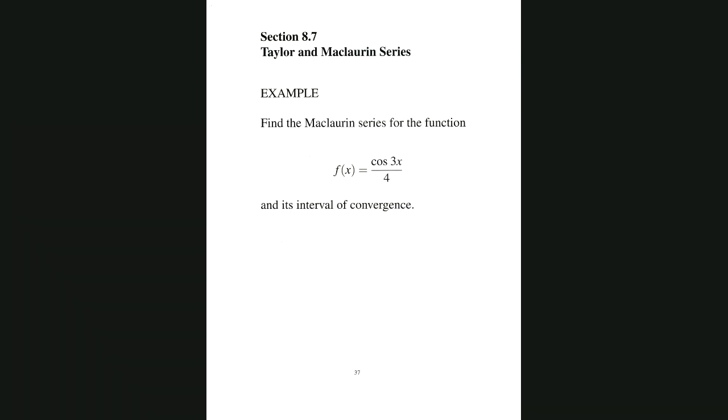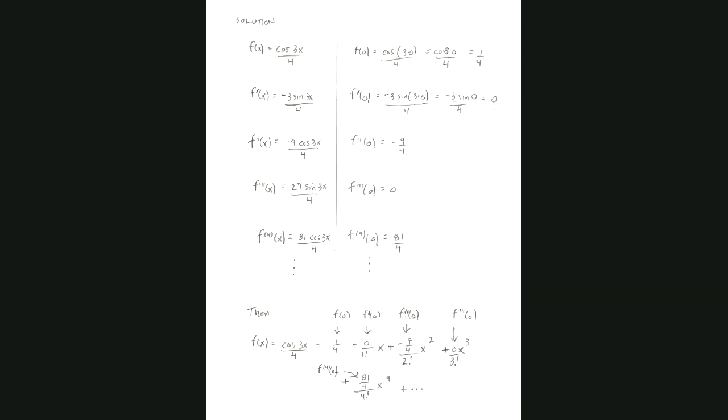Okay, so that's what we're going to do. Let's move to the solution here. What I've done is I have my function, and I find what f of 0 is for the function. My f of x is cosine of 3x over 4. So f of 0 can be shown to be 1/4.